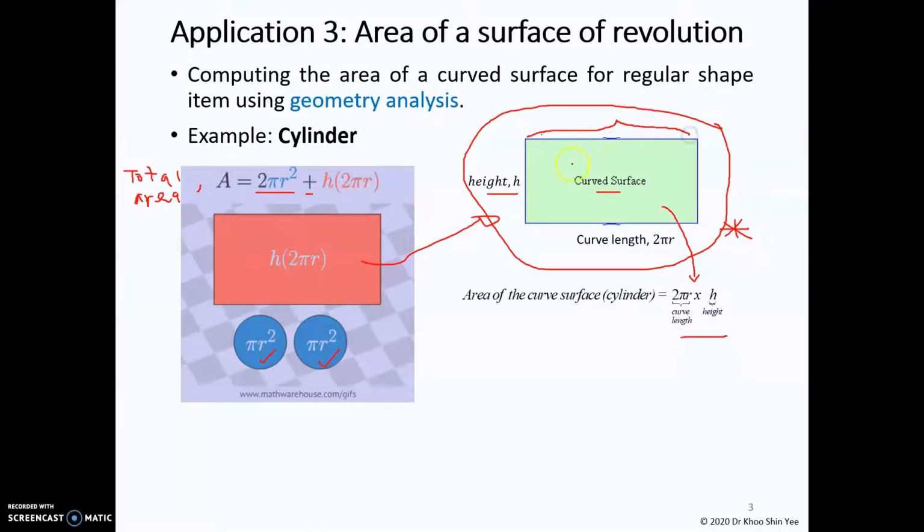Before you open the cylinder, this circumference is the same length as the circumference of a circle. So the circumference for a circle with radius r is equal to 2 pi r. Take 2 pi r multiplied with h. This is the area of the curved surface for a cylinder.